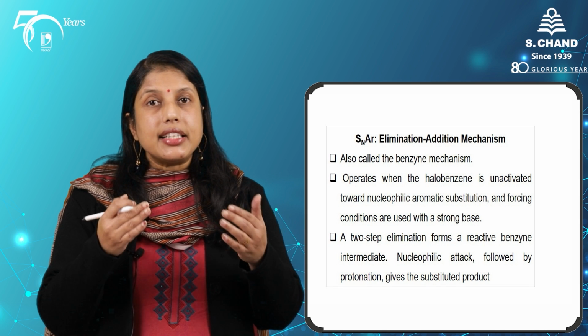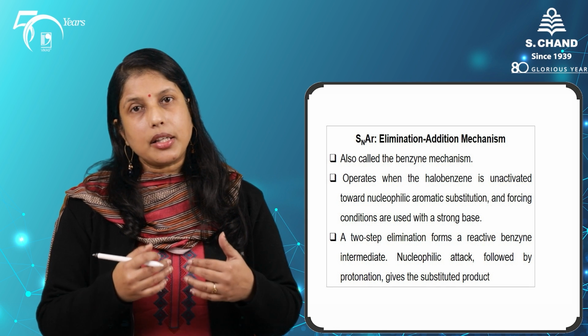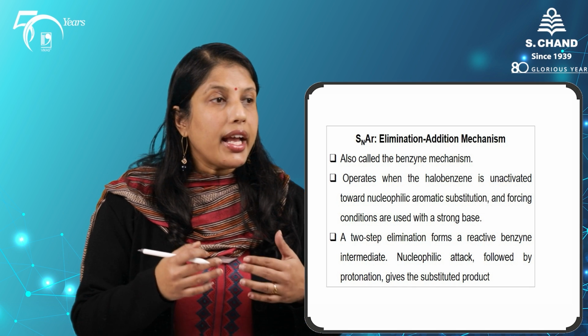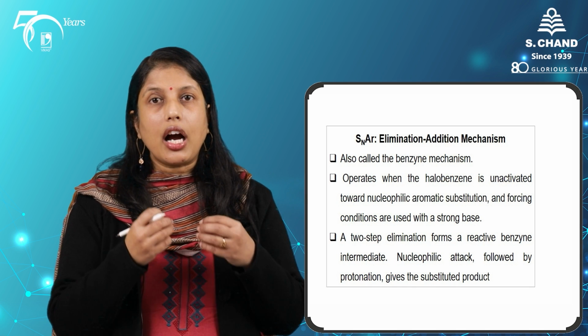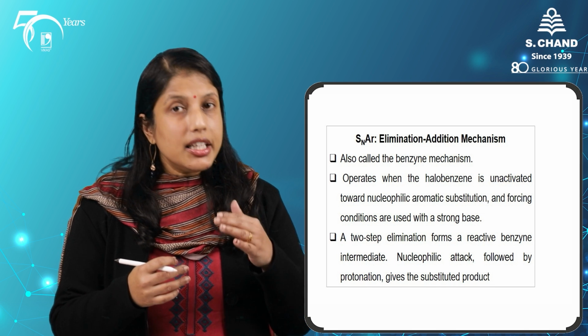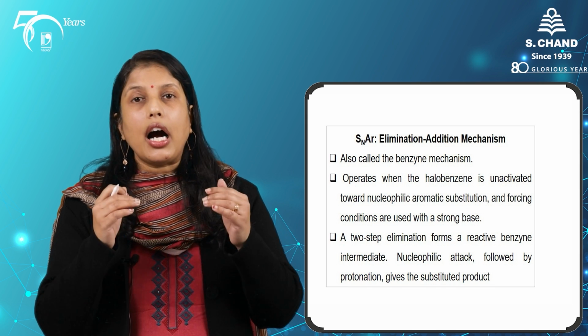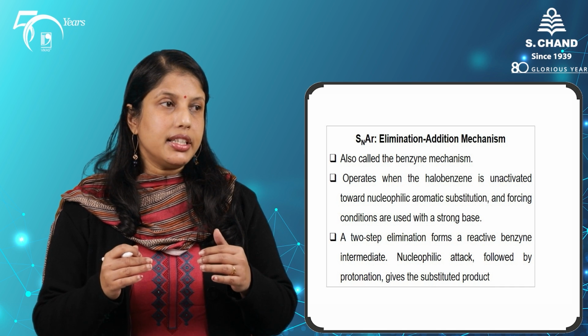So, in summary, this benzyne mechanism will operate when the halobenzene is unactivated towards nucleophilic aromatic substitution, and when forcing conditions are going to be used. It's a two-step elimination addition mechanism which occurs through our benzyne intermediate.